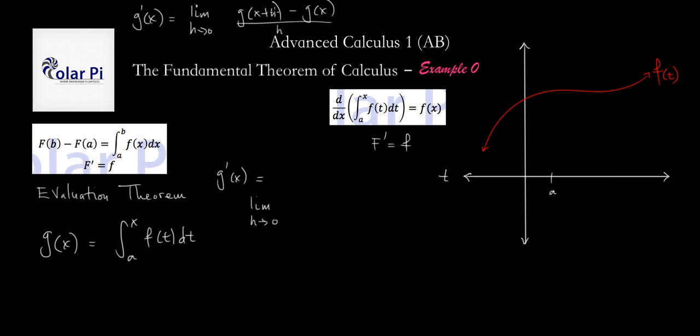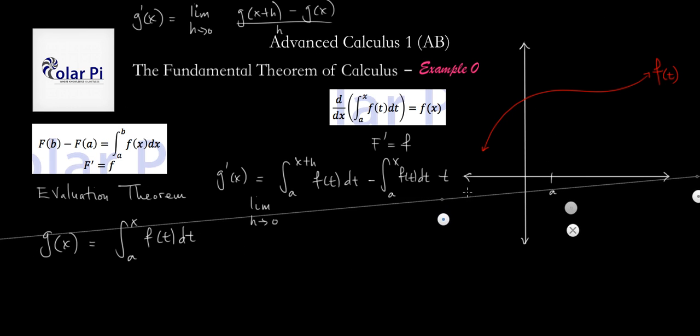So g of x plus h here, I'm going to write next as the integral from a to x plus h of f of t dt. And then we have minus g of x, which is just the integral from a to x of f of t dt. And we have that divided by h.